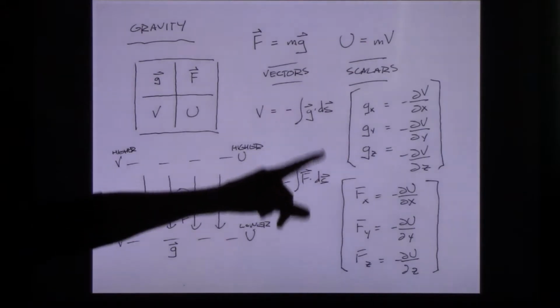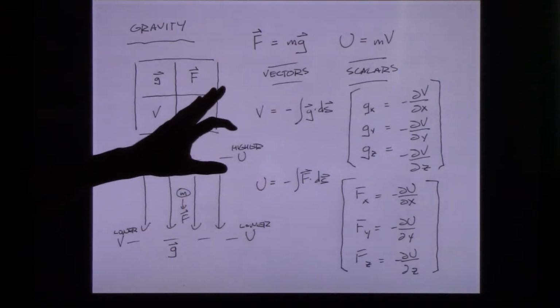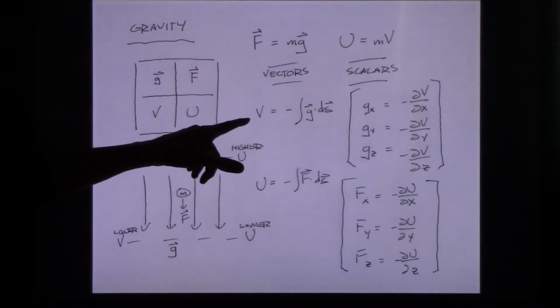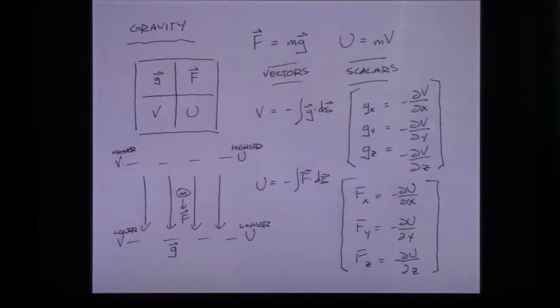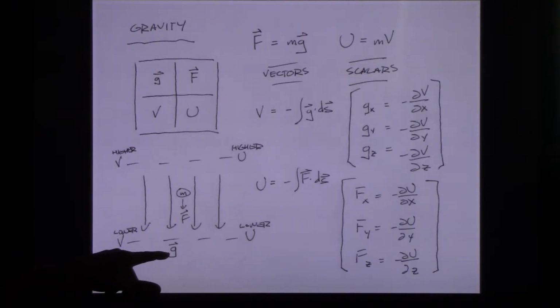And then here is calculating the gradient, taking a scalar field. The potential is a scalar field because it has a single value at every location in space. The gravitational field is a vector field. So they're both fields, even though one gets called the field and the other gets called the potential.